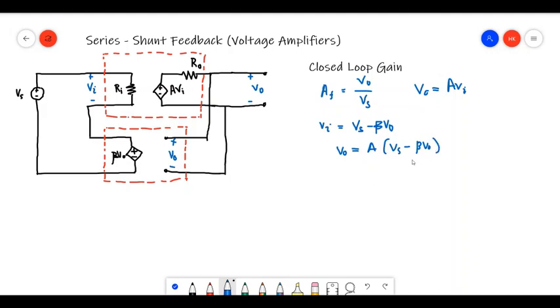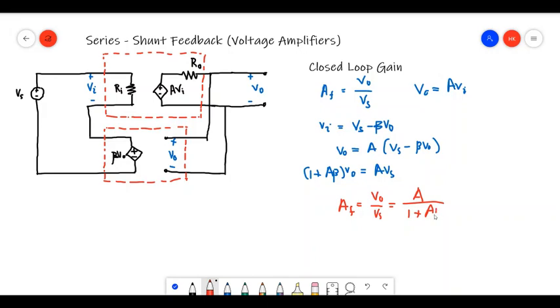If I simplify this and take Vout to one side, I can write 1 plus A beta times Vout is equal to A Vs. We want Vout over Vs, so if we do the simplification, I can write AF, which is Vout over Vs, is given by A divided by 1 plus A beta.